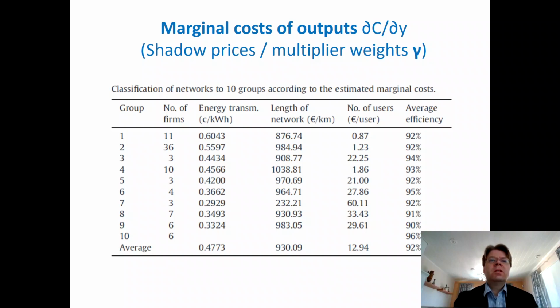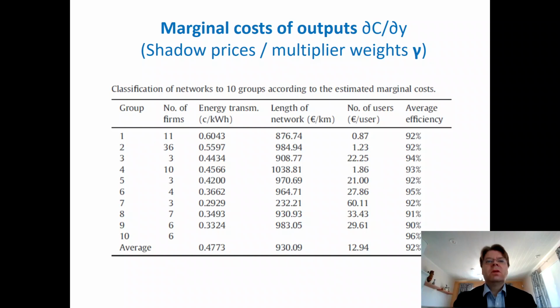For example, group number 1 includes 11 firms, and all these 11 firms have exactly the same shadow prices or marginal cost for the output variables as indicated on the first row. So all those 11 firms get exactly the same multiplier weights. The second group, which is the largest one, gives 36 units. This is the biggest subgroup of units that also get the same shadow prices.